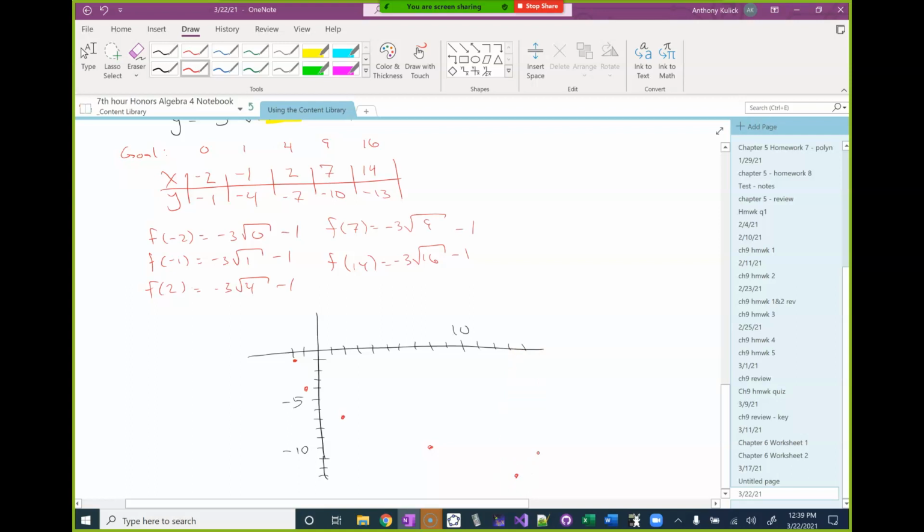Now, when we draw our arrow, we have to be kind of careful here. Normally, when we draw our graph, we draw it with arrows at both ends, right? Should I do that in this case? Definitely not. Why not? Well, what would happen if I plugged in an x that was less than -3?